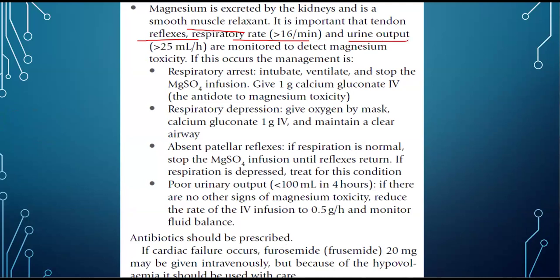If the patient's respiratory rate is too low, or the patient is getting respiratory arrest or respiratory depression, what would you do? In those cases, you have to stop the magnesium sulfate and give the patient calcium gluconate IV. Calcium gluconate is an antidote for magnesium toxicity.